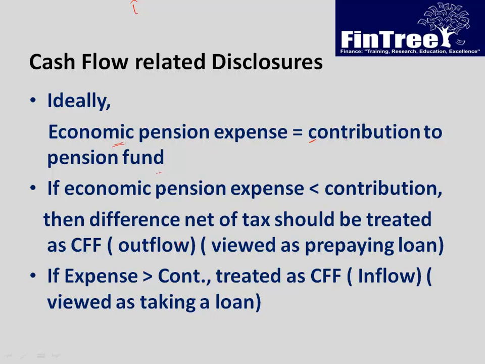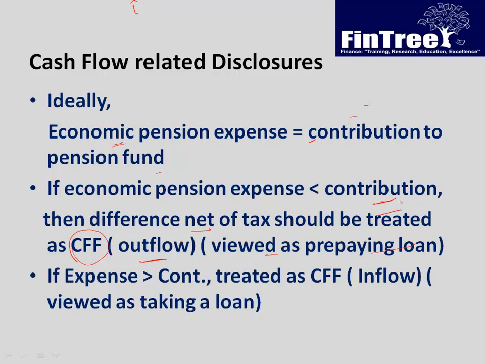Now, if your contribution is more, then the difference, net of tax, should be treated as cash flow from financing activities outflow. You would view it as prepaying your loan, because otherwise you would show it as a cash flow from operating activities. Is the intuition clear? That your cost is 50, but you invest assets of 70.